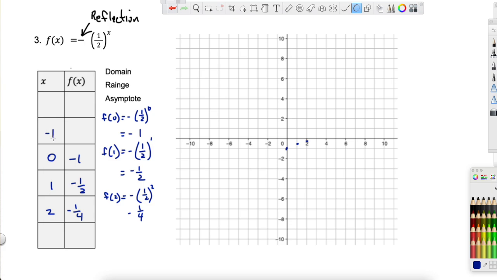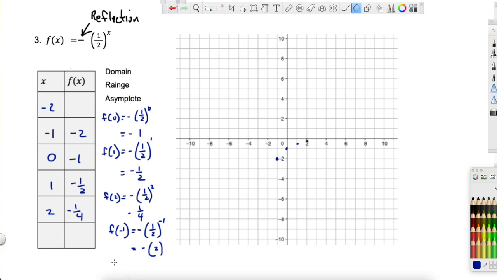Let's try -1 and then -2. So if I put -1 in, I get negative of a 1/2 to the -1. To make that a positive exponent, I take the reciprocal, so I get 2 to the first. 2 to the first power is 2, and make it negative. So this is going to be -1, -2, and -1, -2 right here.